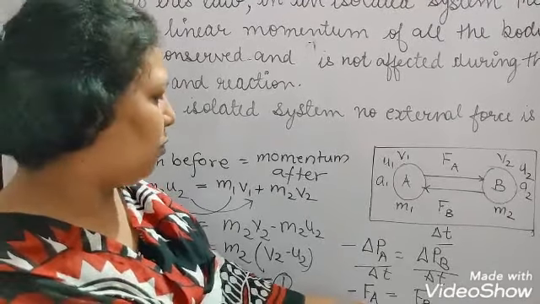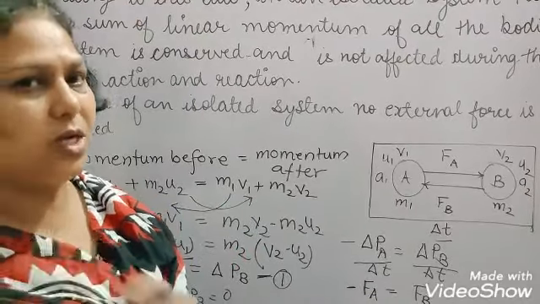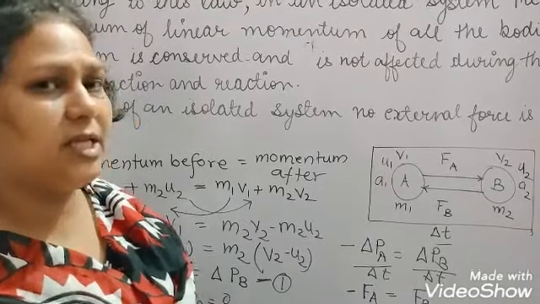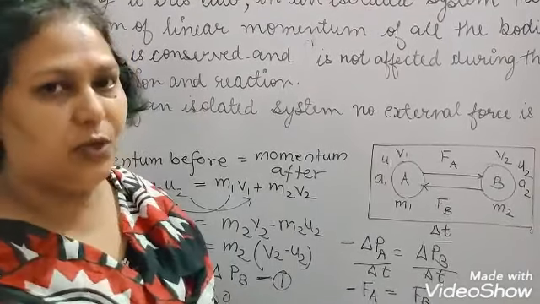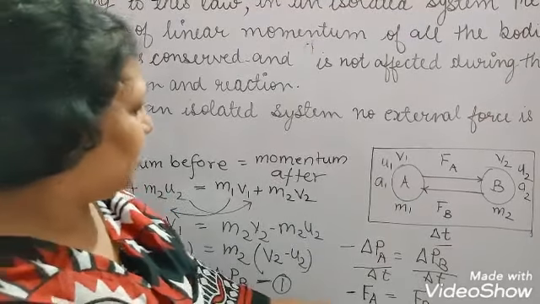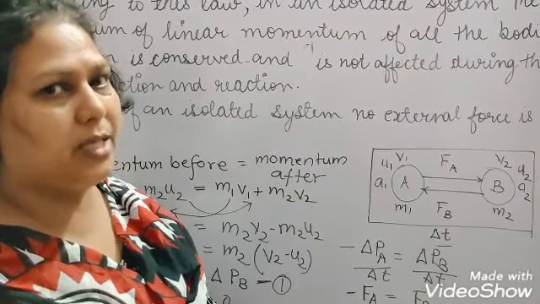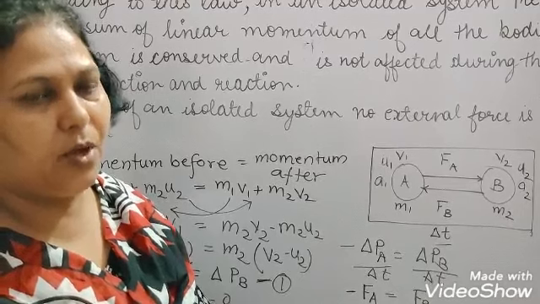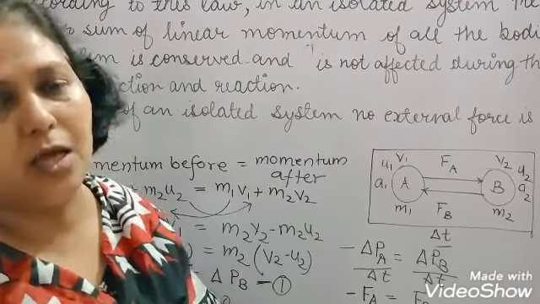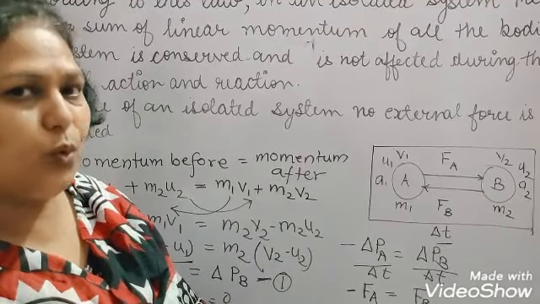So here you will find these two forces are action and reaction forces, which are working at the same time, and these forces are equal in magnitude, opposite in direction. So Newton's third law of motion can be explained by the law of conservation of momentum, or the law of conservation of momentum is the principle behind Newton's third law of motion. We can say both ways.